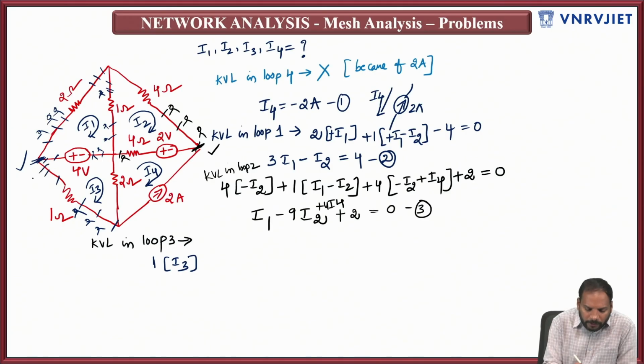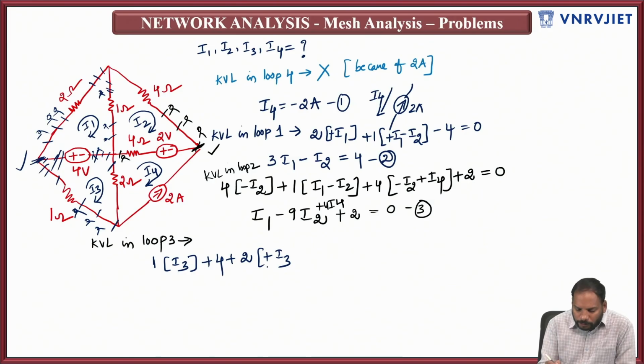You are here, you are here, you are here, and you come back here, you have a voltage source plus 4, then you cross to the source, then once again you are here, so plus 2. Okay, then I3 is with you, so plus I3 is your friend, but I4 is coming opposite to you, so minus I4 is your enemy.